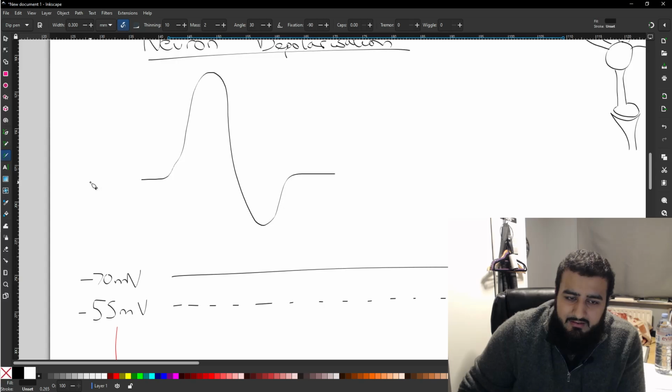So if we had the resting potential of minus 70 millivolts, climbing to a threshold of minus 55, going all the way, crossing 0 about there, and then plus 30 to plus 40 over here.